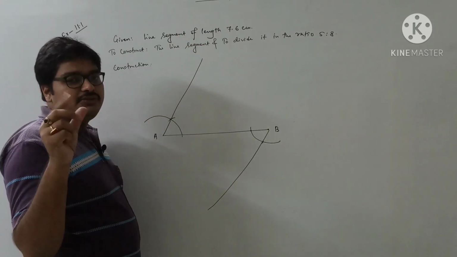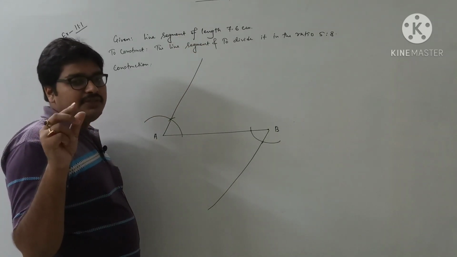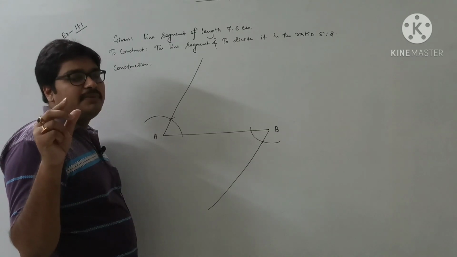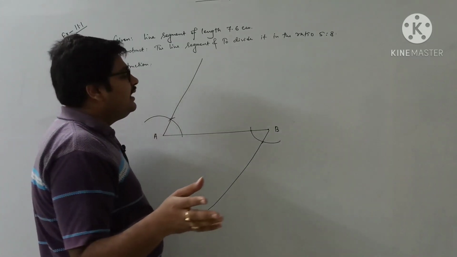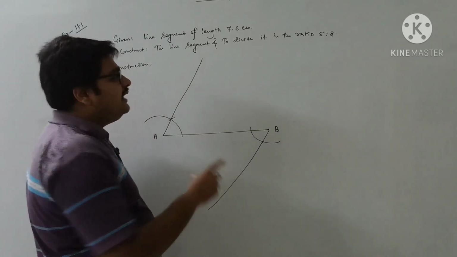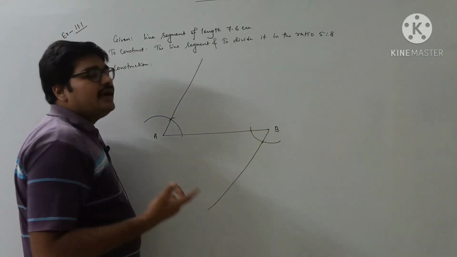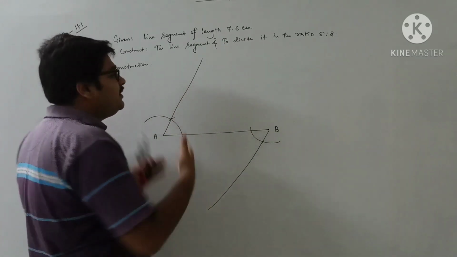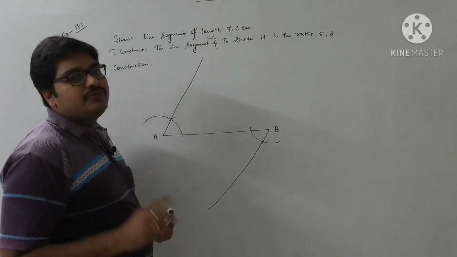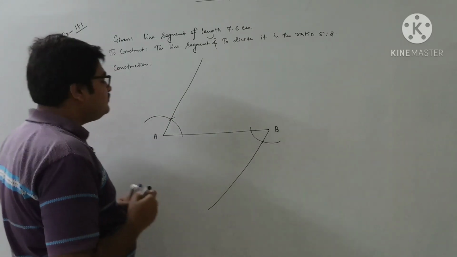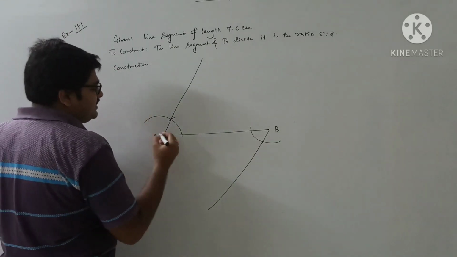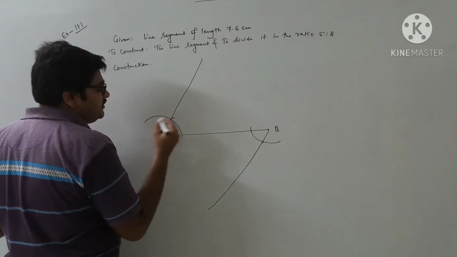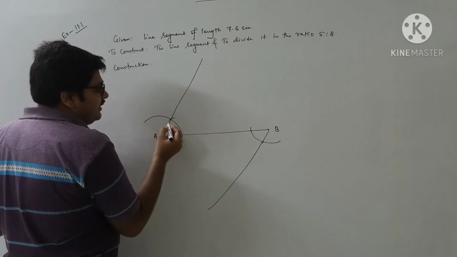You should choose the radius of the compass according to your choice. Don't take it so much bigger, then to cut 8 parts or 5 parts will be a problem, because you need a longer length to cut the 5 equal parts. So I have chosen my compass according to my choice, and I am just going to cut 5 parts.